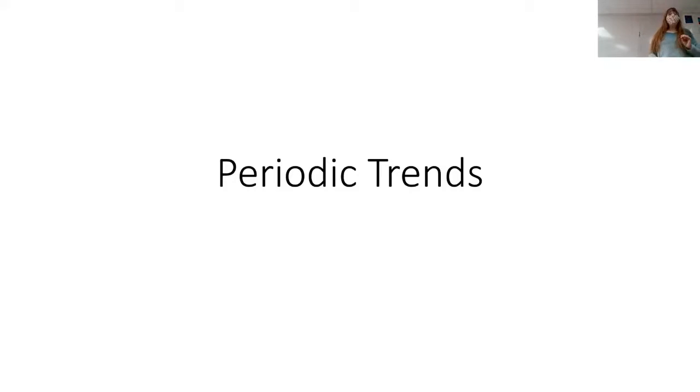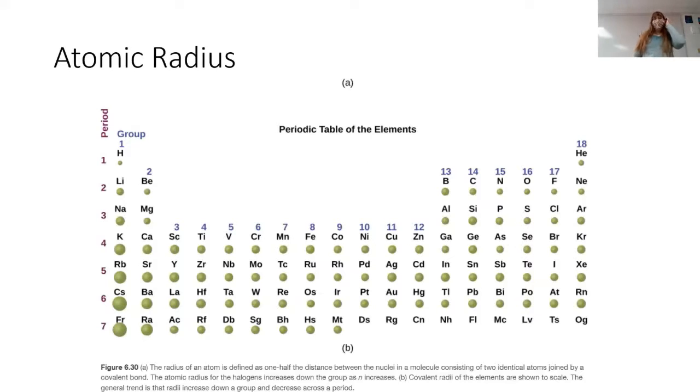Okay, so atomic radius is something that is a little bit counterintuitive. You may remember that as we start on the left side of the periodic table and move to the right side, the numbers get bigger. So lithium, for example, is element 3, neon is element 10.